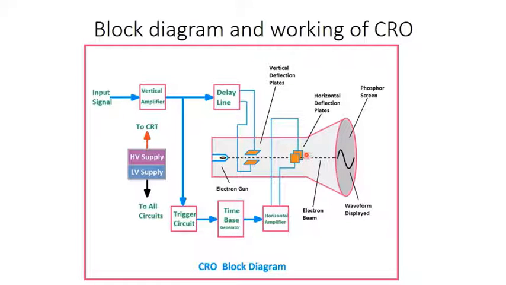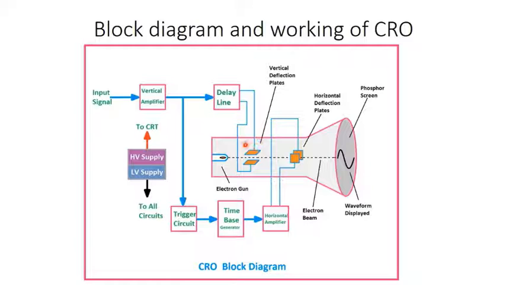This is your vertical deflection plate, and this is your horizontal deflection plate. So the signal which is given to this CRO is going to be displayed on this screen. This is your CRO screen, which is a phosphorus coated screen, in which you will be able to see the waveform, whether it is sinusoidal or square, whatever the input which you are giving.